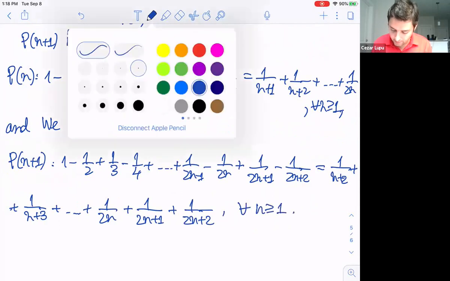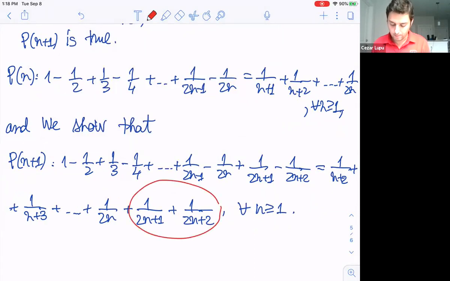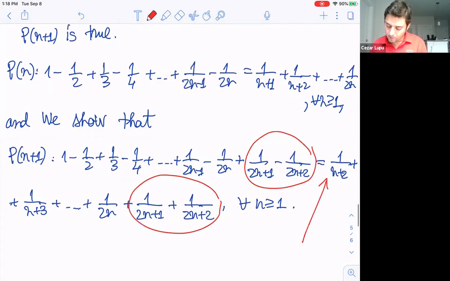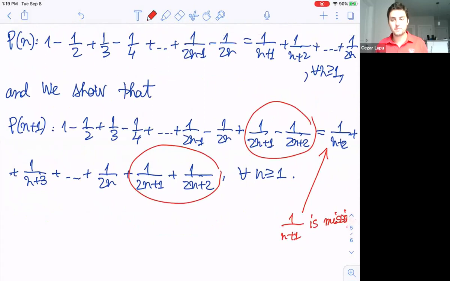As you can see, I have some extra terms here. I have these two extra terms, right? And also, if you look here, I have also these two guys here. But it's missing one of them here. 1 over n plus 1 is missing. Right? This guy is missing.